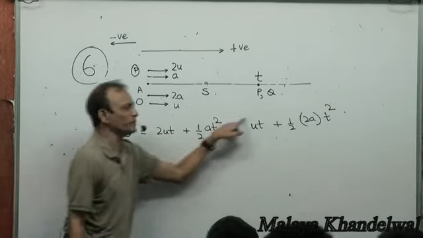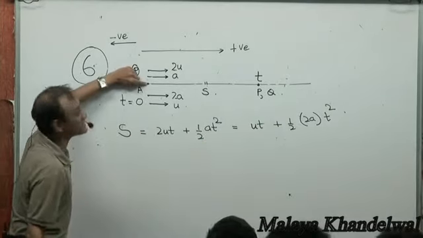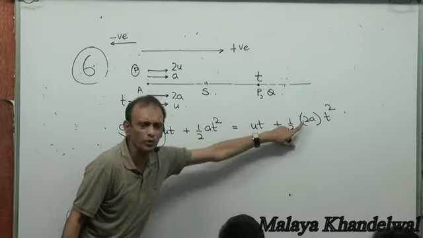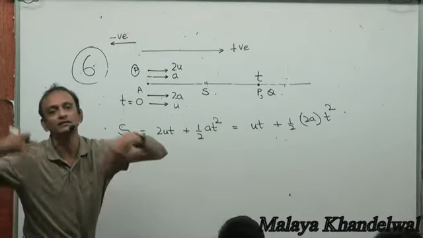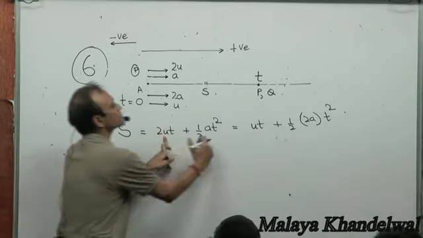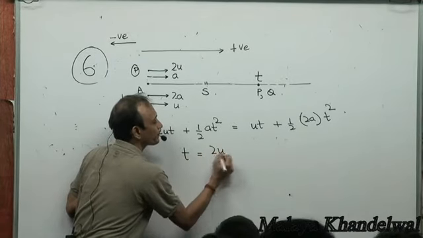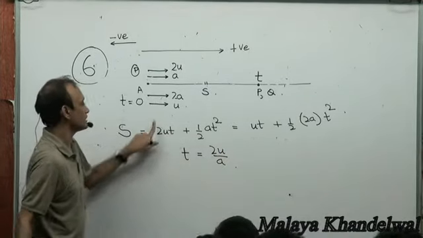Again, t could be 0, which is an initial instant when P and Q were together. So you can cancel t from both sides because t is not 0. We are not seeking t equal to 0. The other instant of time when you solve from this is going to be 2u by A, again, as you can readily see.